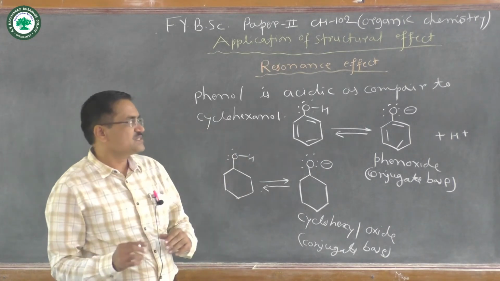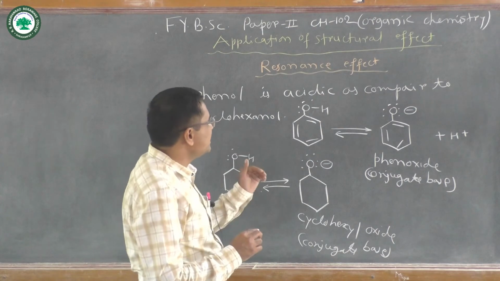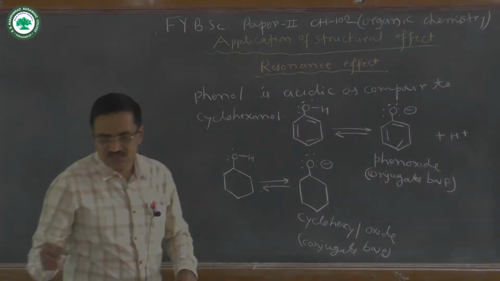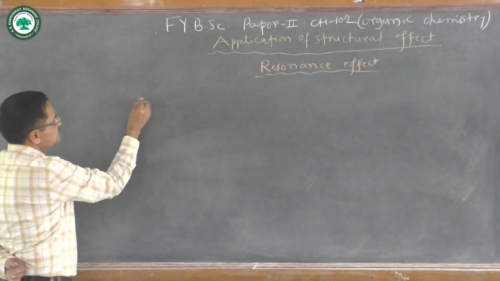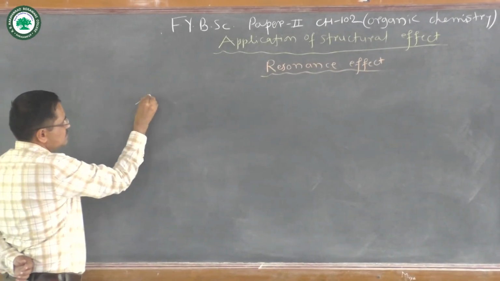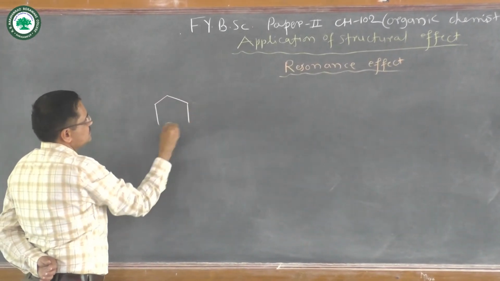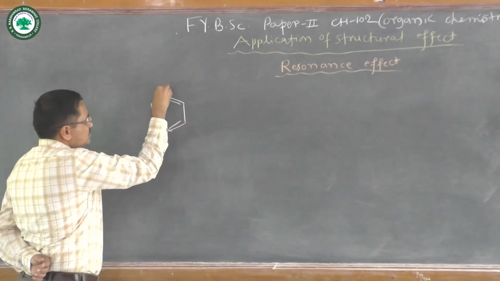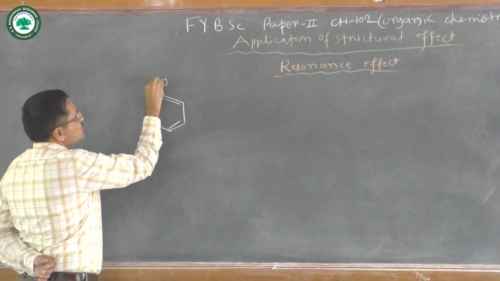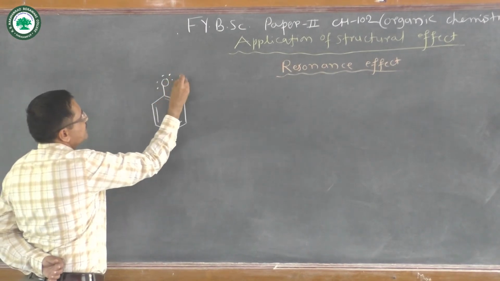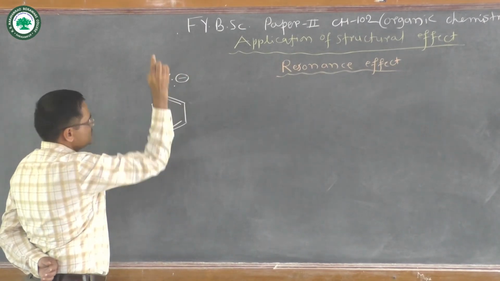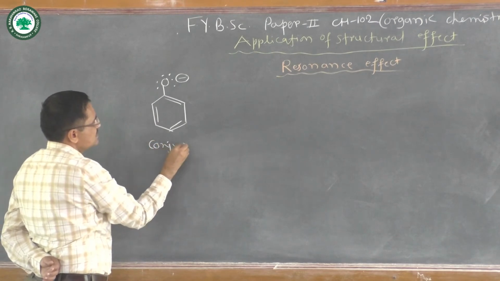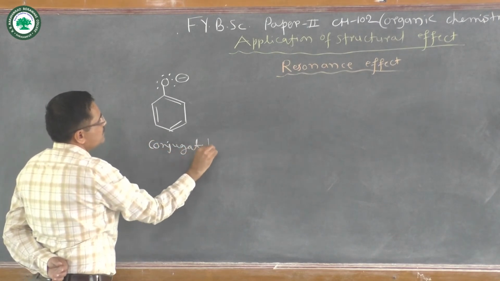Now we will discuss the stability of phenoxide ion with the help of resonance. This is phenoxide ion, which is generated by removal of H plus and is the conjugate base.